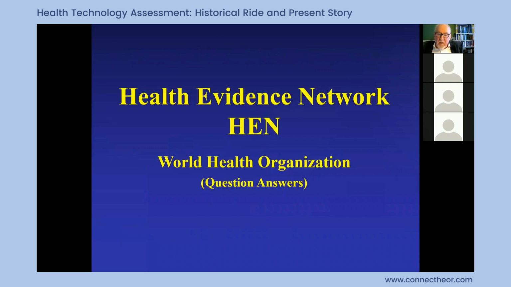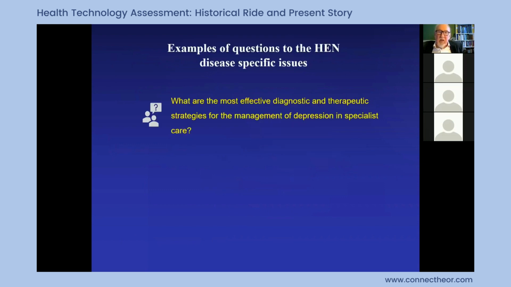The World Health Organization set up something called the Health Evidence Network, the HEN. The European Office of WHO was providing this service to 57 ministries of health, and they came in with questions.